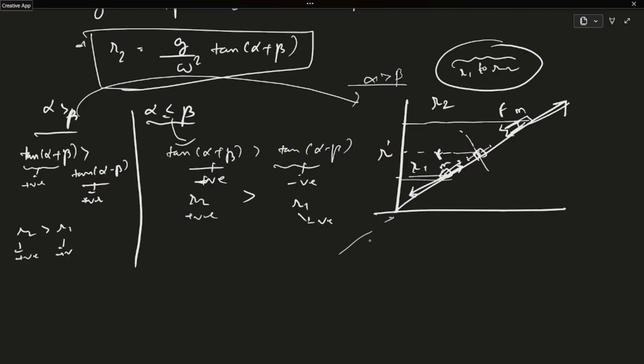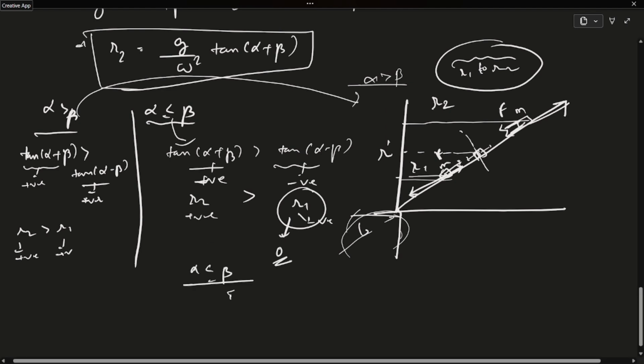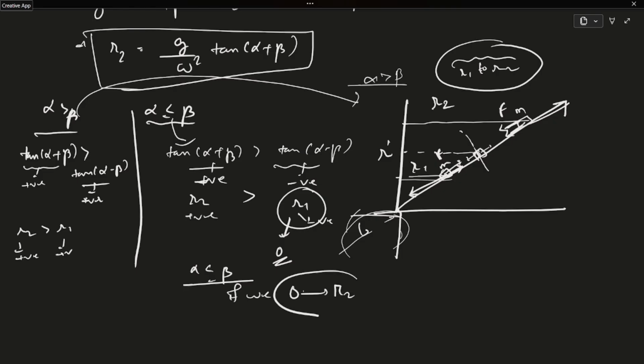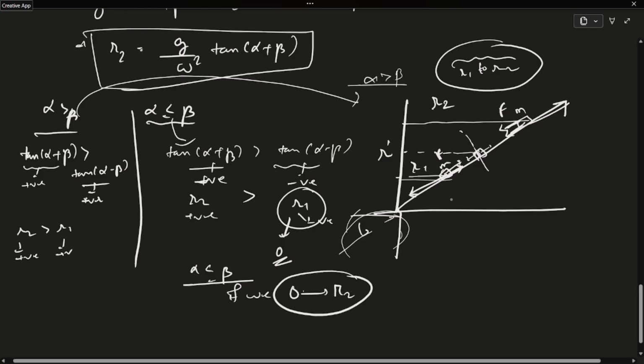R1 negative means on this side, but as there is no rod in this direction, R1 has a minimum value. R1 is negative, but we have to consider from 0. So for alpha less than or equal to beta, if we place the block at any position between 0 and R2, it will be at rest.